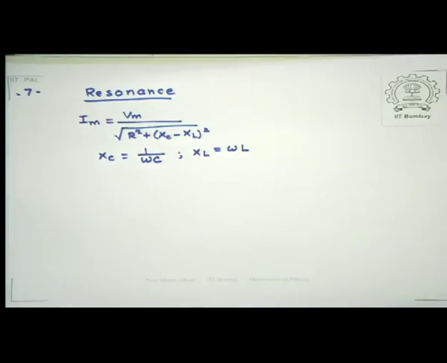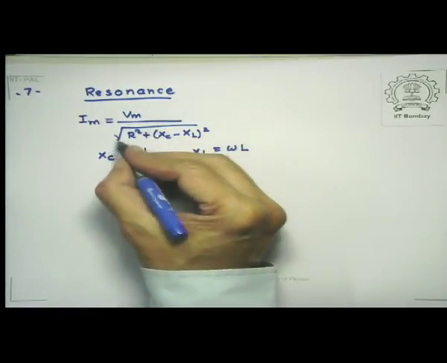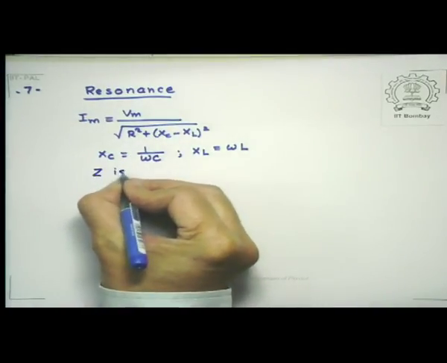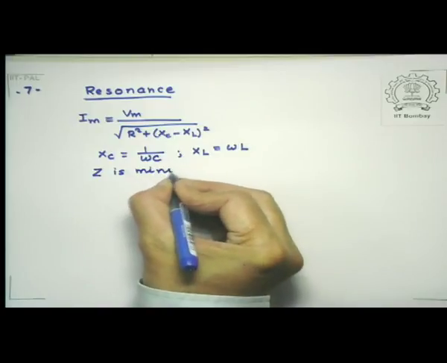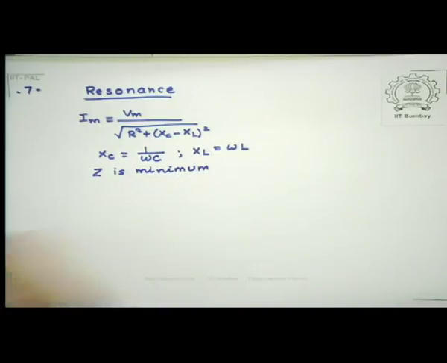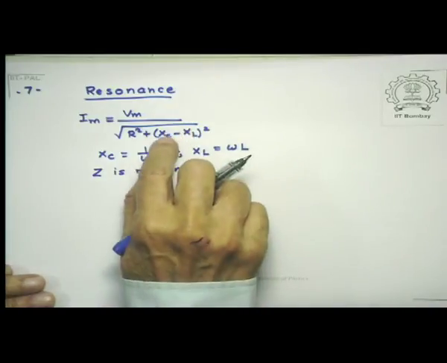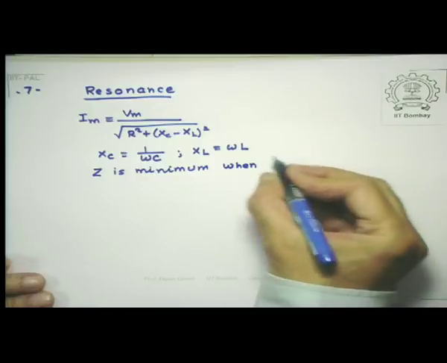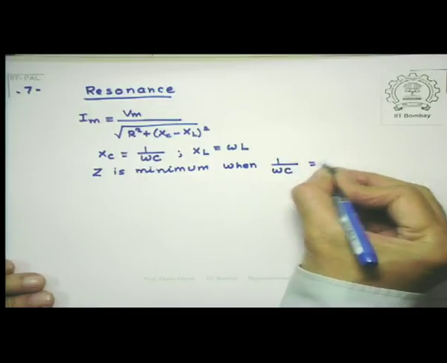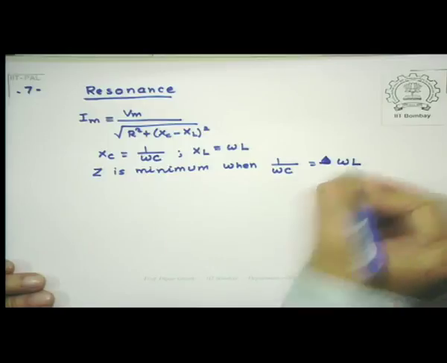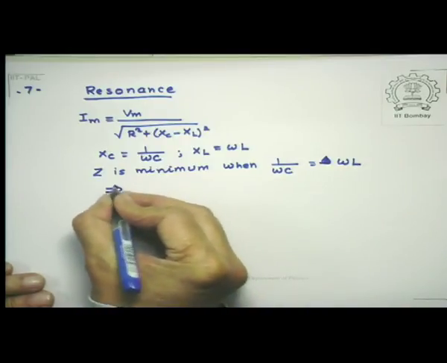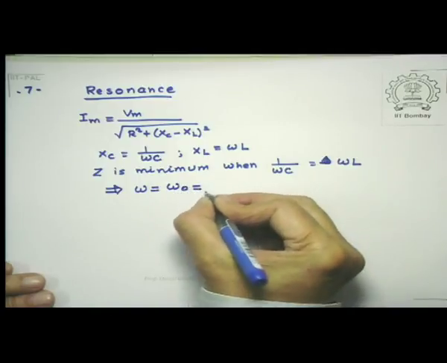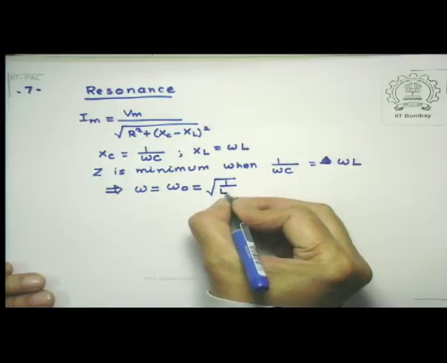Now, notice one thing: the impedance is minimum. Impedance is what is there in the denominator. So, impedance is minimum, implying thereby that the current is maximum when xc becomes equal to xl. So, when 1 over omega c is equal to omega l, that implies that omega is equal to omega 0, equal to square root of 1 over LC.